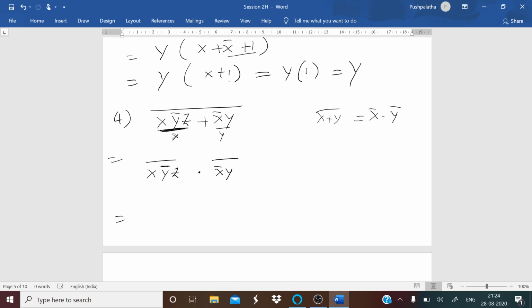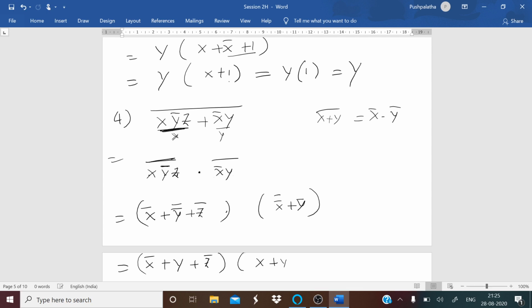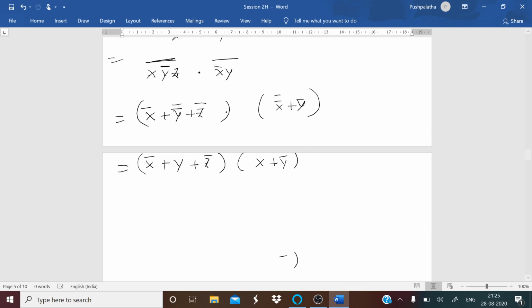Again, this is in the form of x into y into z the whole bar. So this becomes x bar plus y has got double bar plus z bar, right, into this is again x into y the whole bar. That is x double bar plus y bar. So this is now x bar plus y double bar becomes y plus z bar into x double bar is x plus y bar.